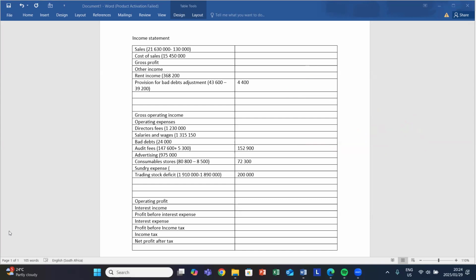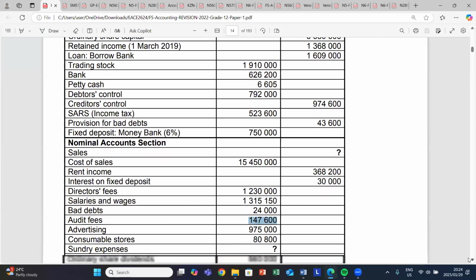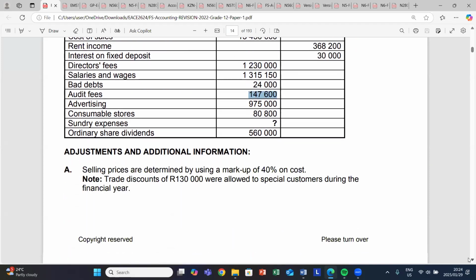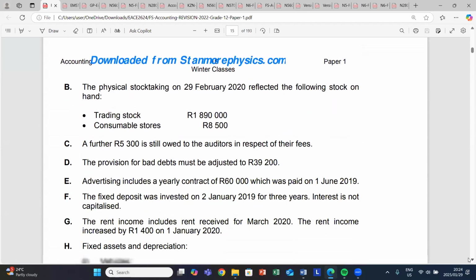You always record the difference between the trial balance and the adjustment one. You just have to check which one is the bigger one. Simply check the difference between the two items and record it under your expenses. You never add.